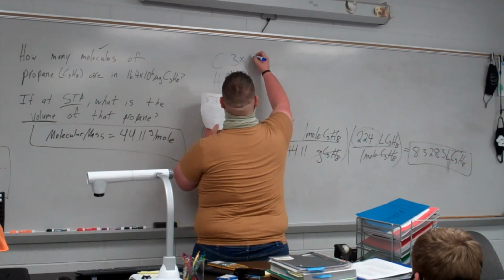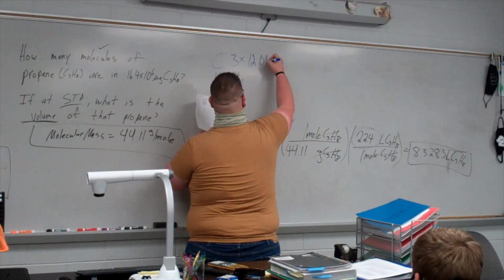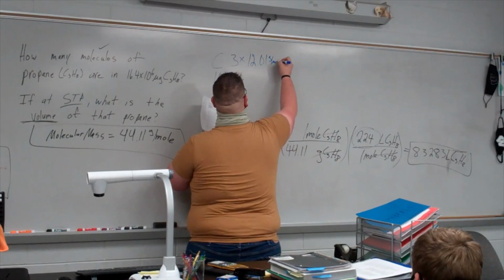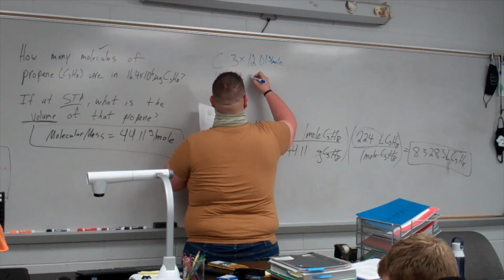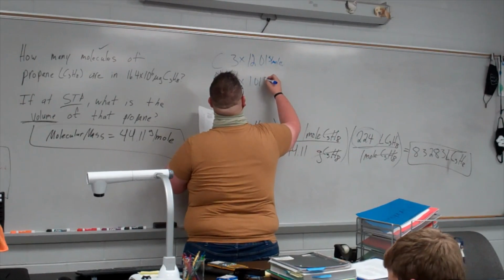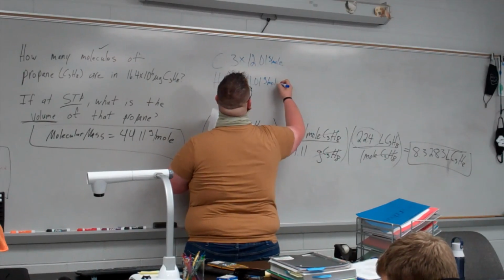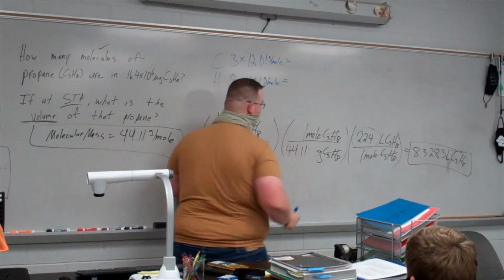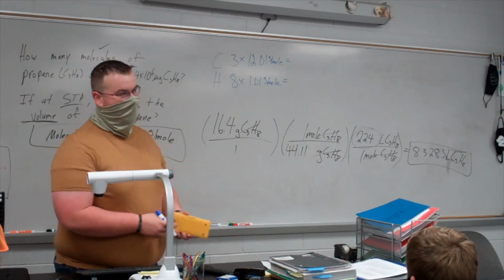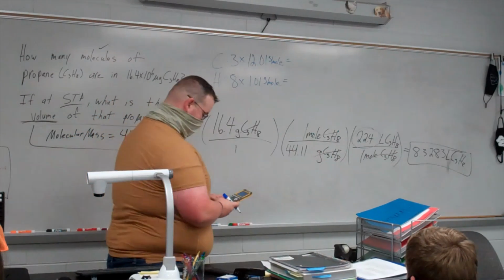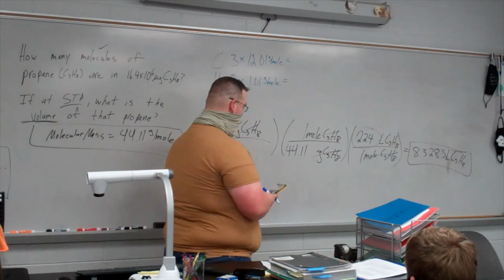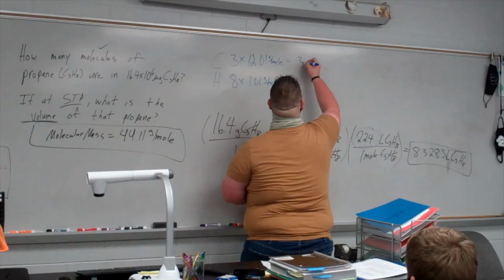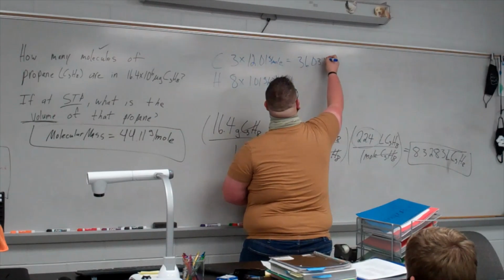So for carbon it's 12.01 grams per mole. Hydrogen is 1.01 grams per mole. And I multiply these out. 36.03 grams per mole.